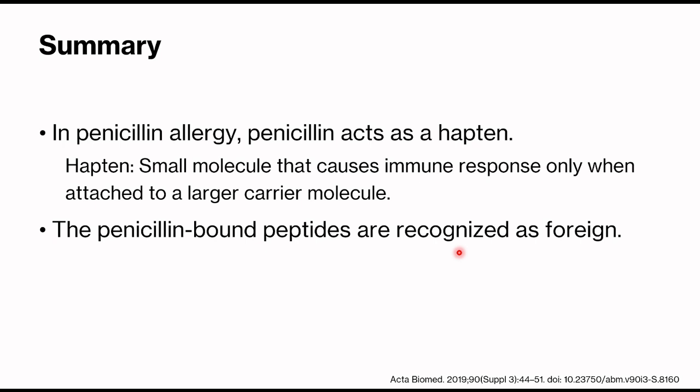So for example, a mechanism where the penicillin doesn't need to attach to one of these soluble proteins, but where the penicillin actually would attach to an HLA, to an MHC2.